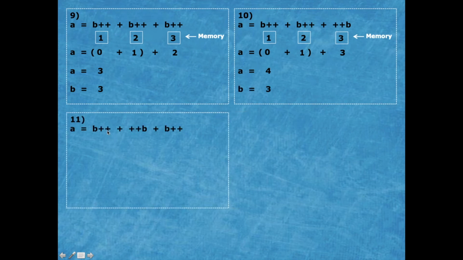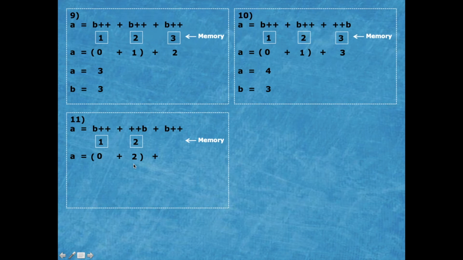Now a is equal to b plus plus plus plus plus b plus b plus plus. So here this is post increment, so first use it then increase, so simple. Pre-increment, first increment. Because of the addition operator over here, you need to do the work of addition, so use the incremented value of b over here.